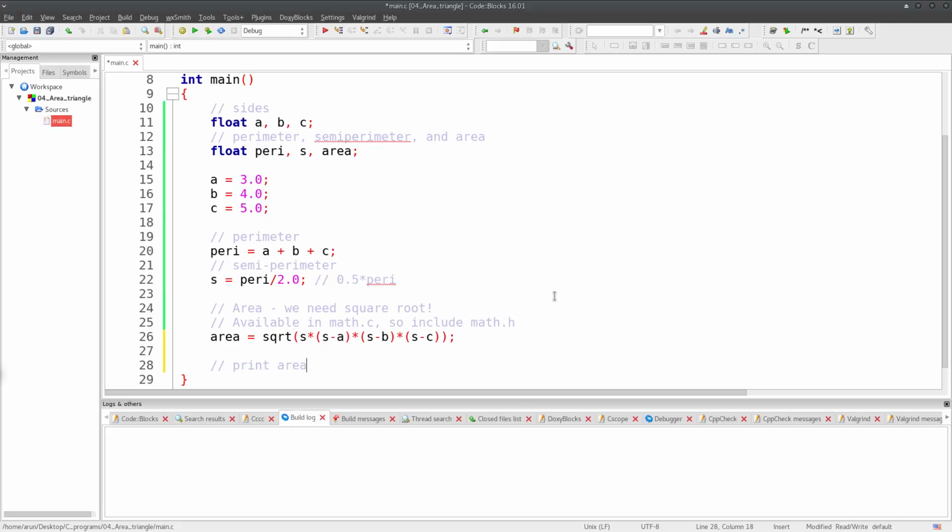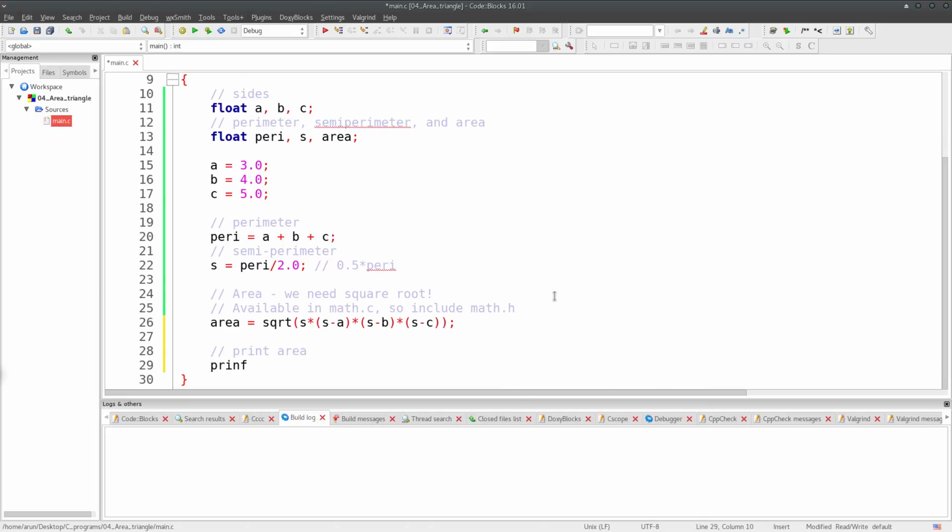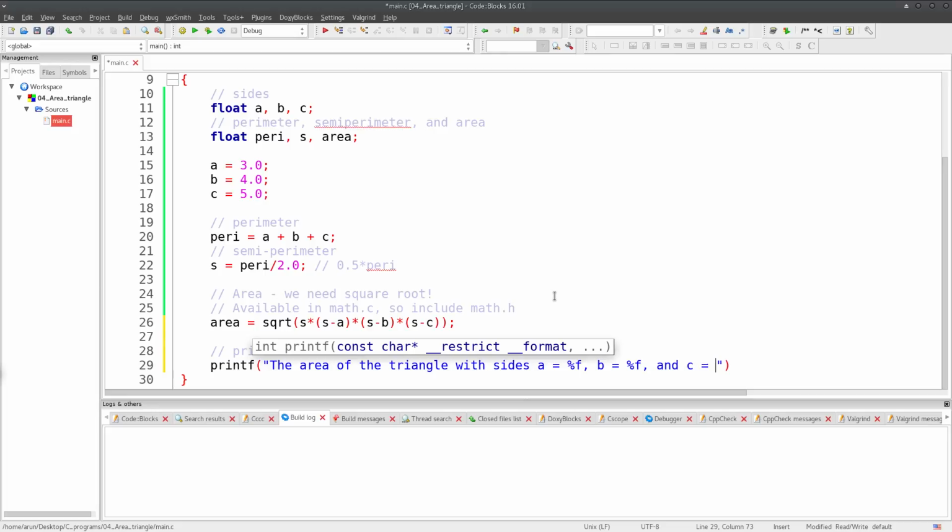Print area. So let's use the printf statement that we're reasonably familiar with now. The area of the triangle with sides a equals %f, b equals %f, and c equals %f is %f.